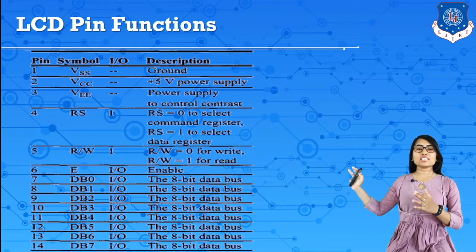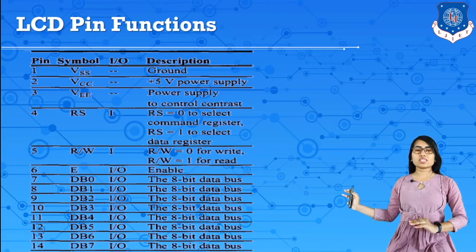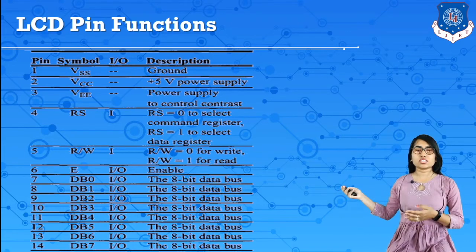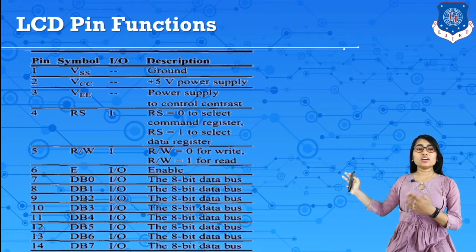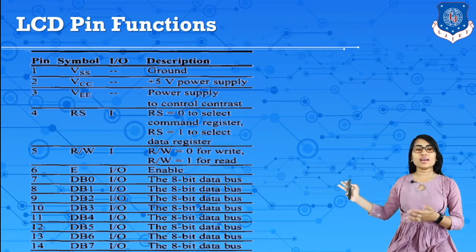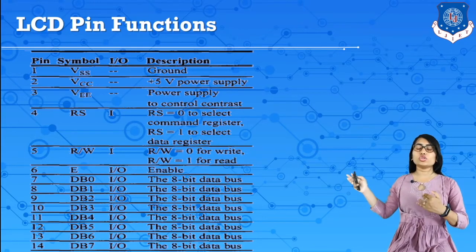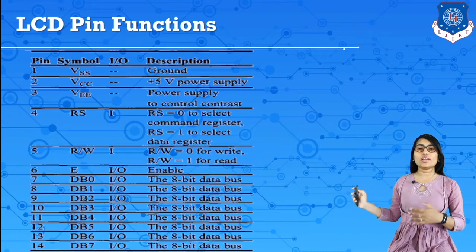When RS equals 0, the command register is selected, and when RS equals 1, the data register is selected. Then RW is the read/write bit. Whenever it equals 0, a write operation is done. When RW equals 1, a read operation is done. Then E is for enable, and DB0 to DB7 are used for the data bus.